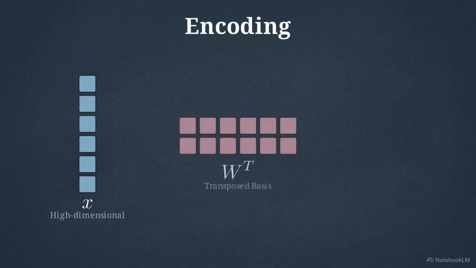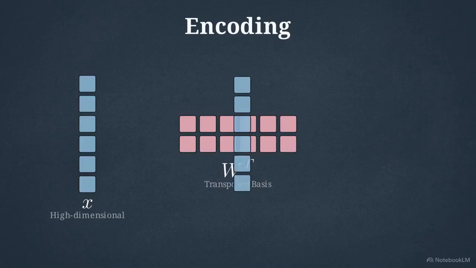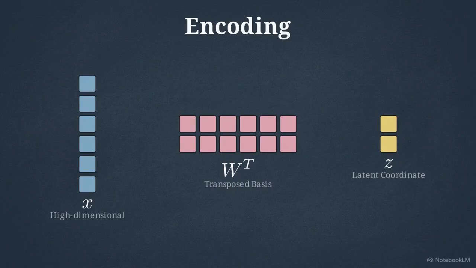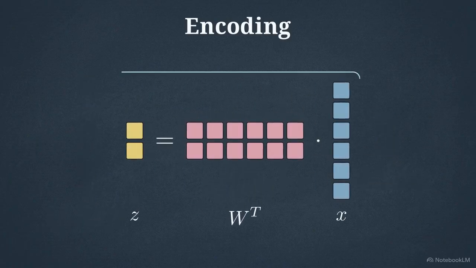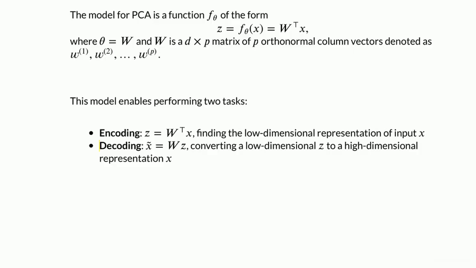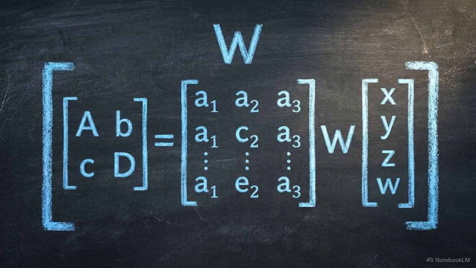We take an original high-dimensional input vector, X, and multiply it by the transposed matrix W to compute its latent coordinate, Z. The decoding step allows us to reverse the process. By multiplying the latent coordinate Z by the matrix W, we reconstruct an approximation of the original high-dimensional data, known as X tilde. The central problem is finding the matrix W that defines the optimal lower-dimensional subspace.